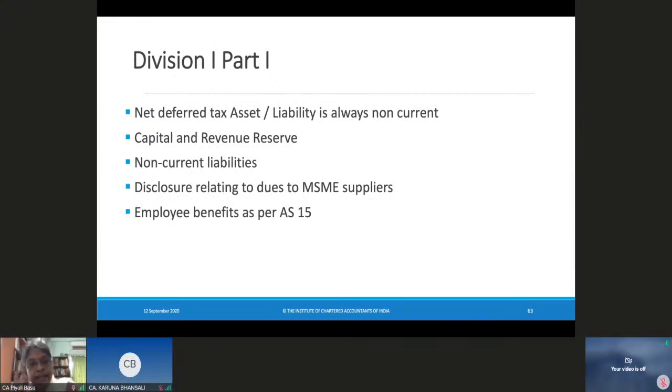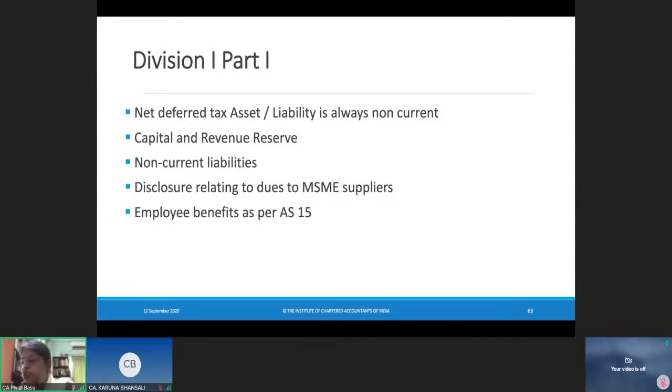Then comes the reserves. Under reserves and surplus, there are several types of reserves. The capital reserves, the capital redemption reserve, and securities premium that has been received, which has to be kept separately. Debenture redemption reserve: redeemable debentures have been issued, so they have to be repaid, and a separate reserve is created for that.